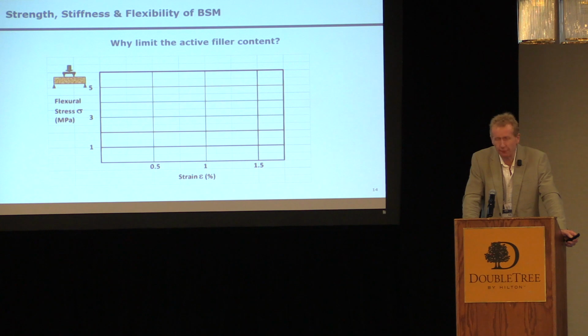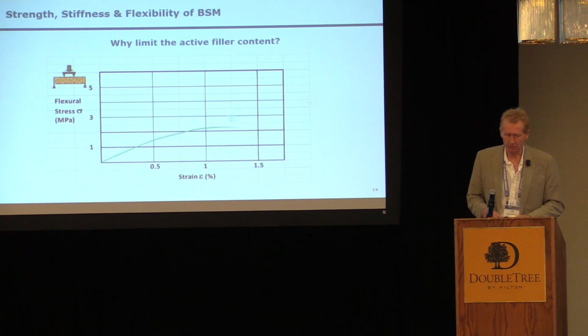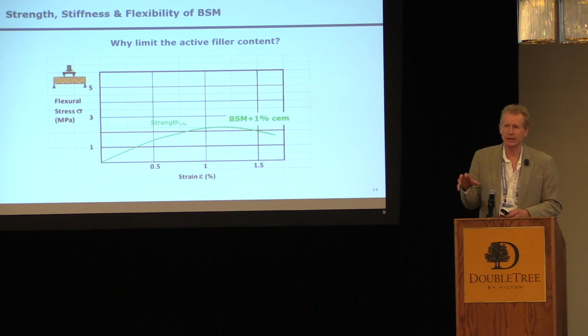In terms of the active filler, one of the considerations, and it's often debated, is how much active filler can you put into the mix? Well, this chart behind me just emphasizes the point that higher strength does not mean more flexibility and does not mean better performance.